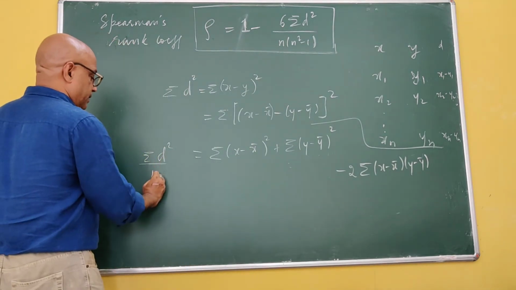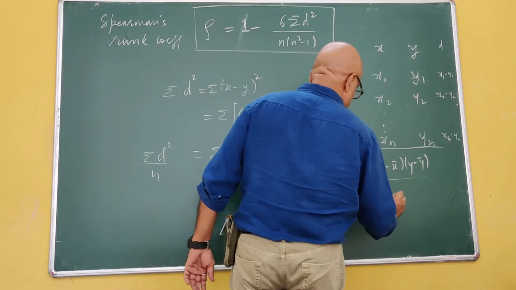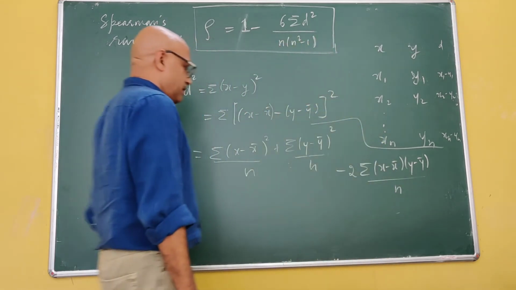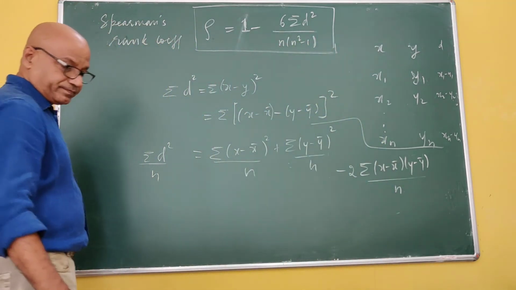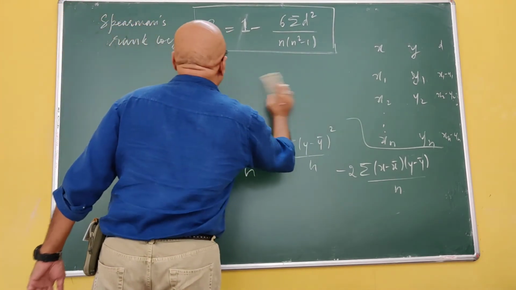Now if you divide by n here, and you divide by n here, and you divide by n here, and you divide by n here, what do you get? You get something familiar now.